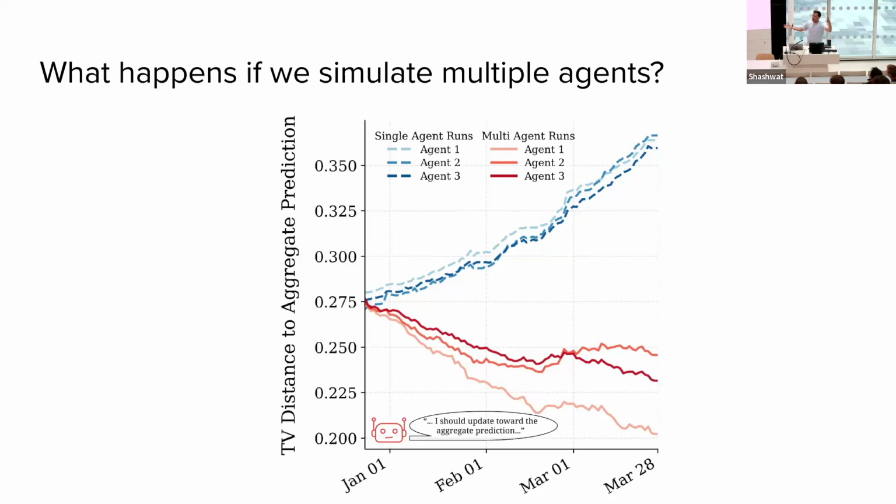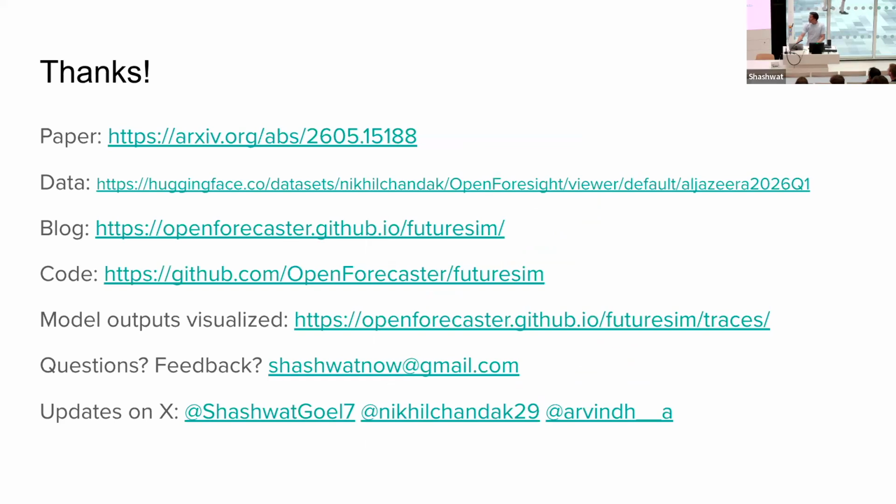Whereas in the multi-agent run, where they are all running in a shared environment, their predictions converge towards each other over time, which is interesting because it tells us something about the default propensity of these agents. Do they resort to groupthink if given access to multiple agents in the same environment rather than maintaining their diversity?